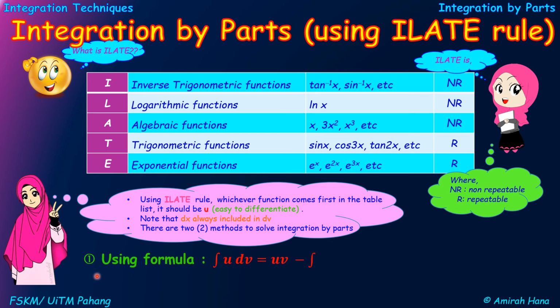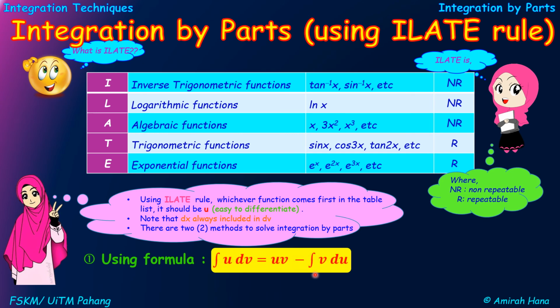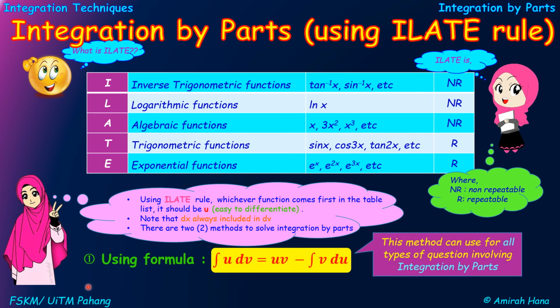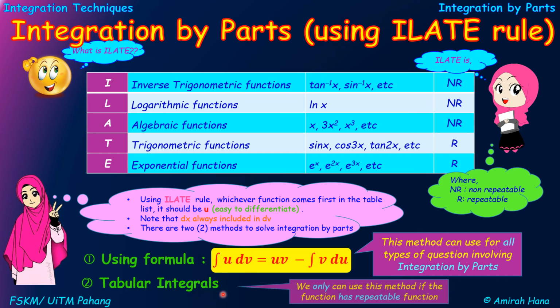Number one, using the formula, integration of u dv equals uv minus integration of v du. This method can be used for all types of question involving integration by parts. And method 2, we can use tabular integral.